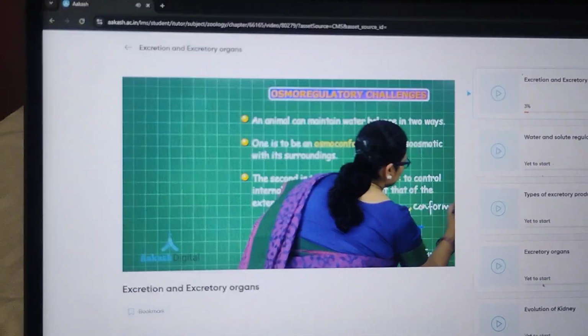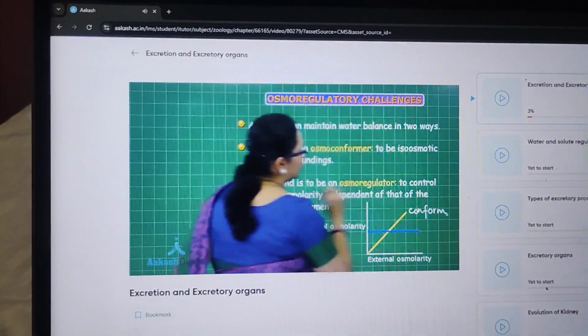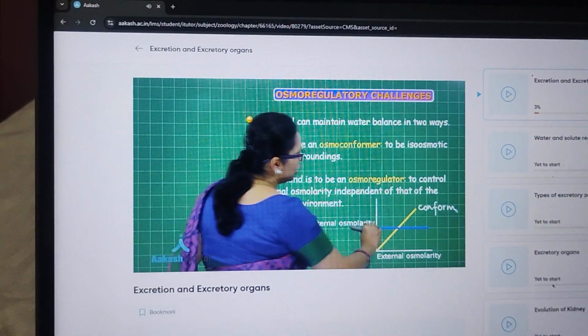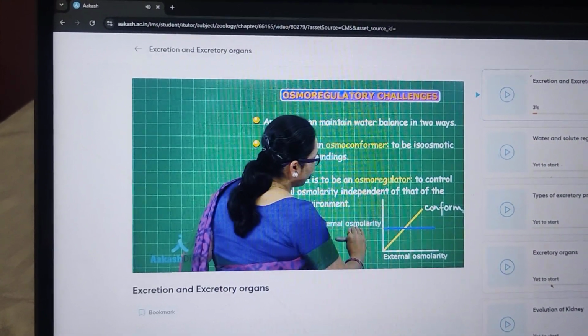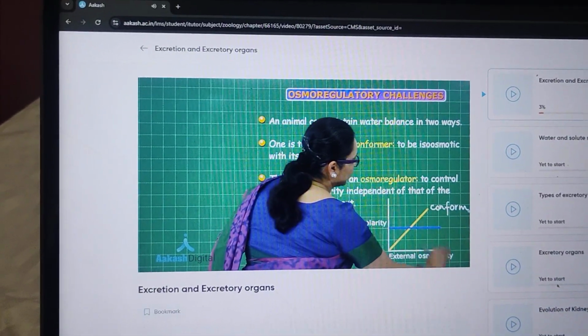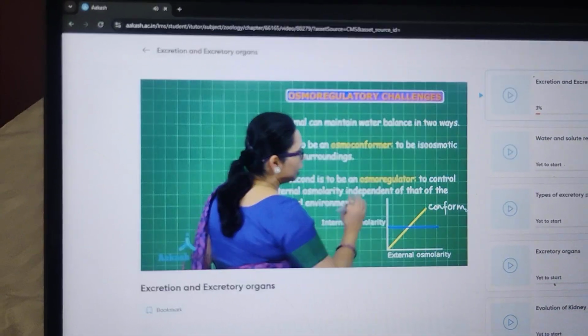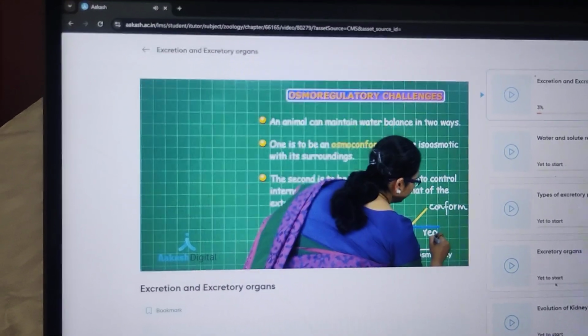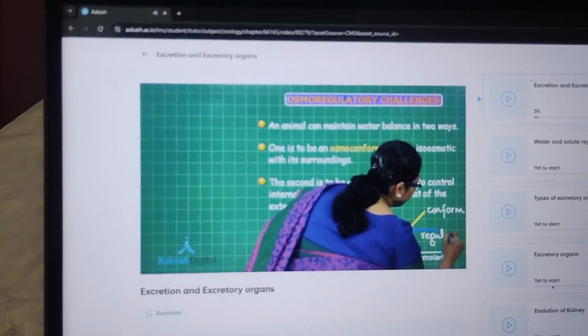This is the way the organism is going to conform. While here we have constant internal osmolarity irrespective of the external osmolarity changing. So this would be regulation.